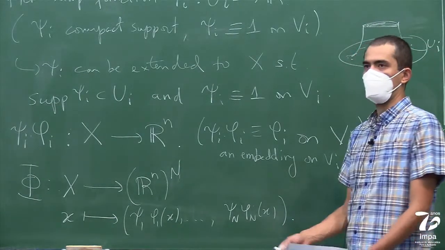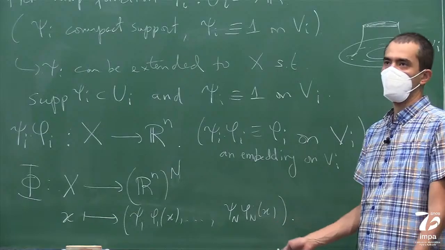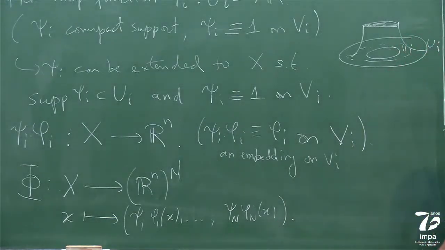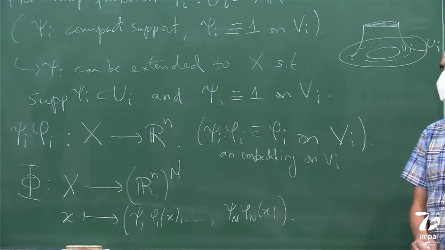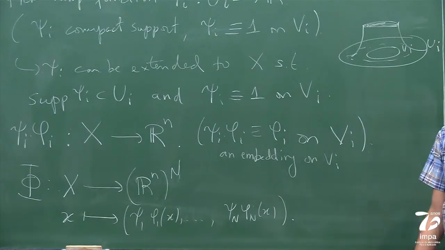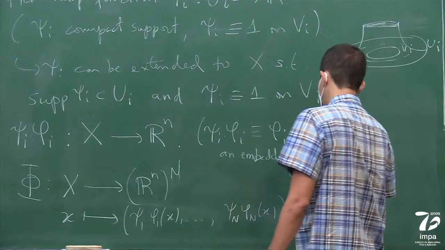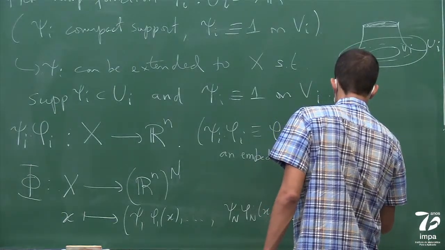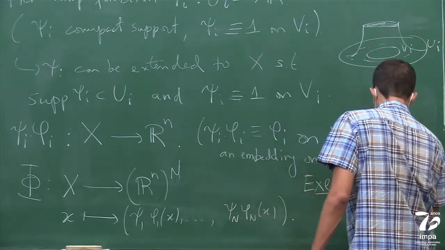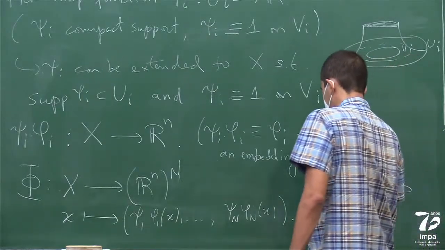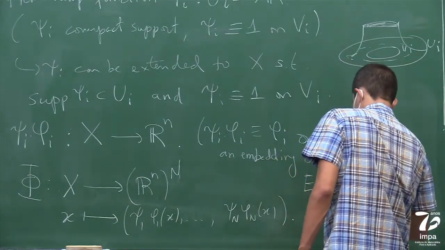So, I mean, you can do it. You have to show it's injective, which is very easy from what I just said. And again, it's pretty easy. So I'm going to just leave it as an exercise. Phi is an embedding.